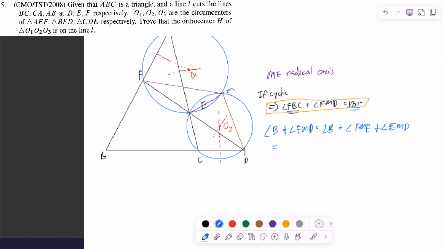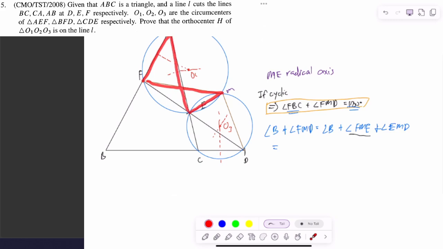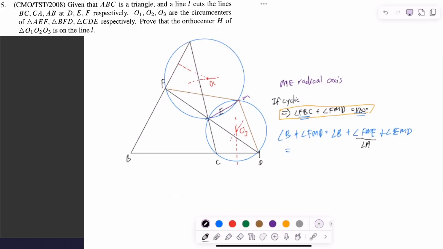FME is what? FME is this one, and because of the cyclic quad, it also equals angle FAC, which is just called angle A.